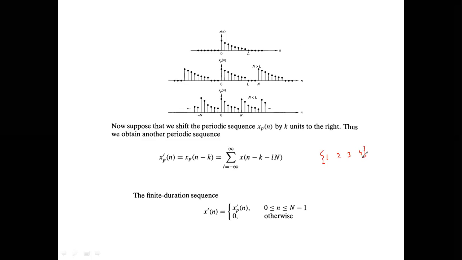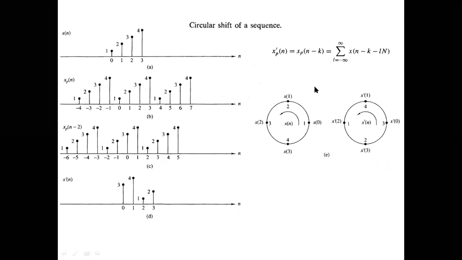When I take a 4-point DFT and then the IDFT, the x of n will convert into xp of n. So I get 1, 2, 3, 4, 1, 2, 3, 4. The same pattern would keep repeating after every 4 samples.